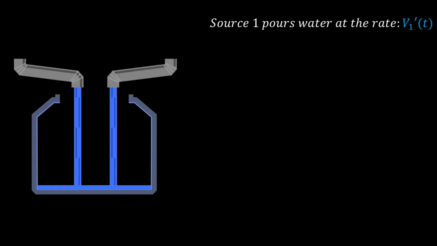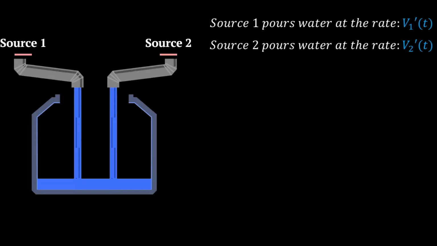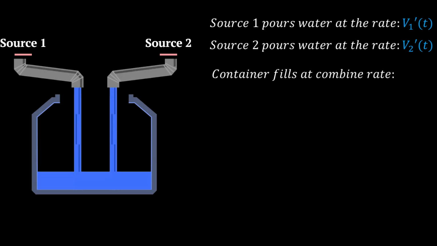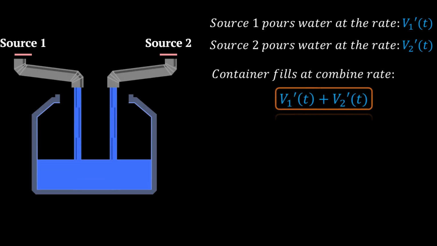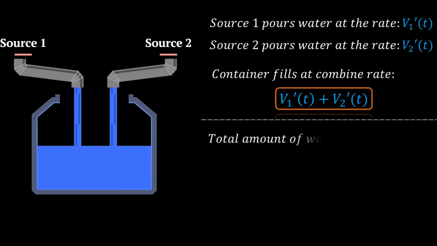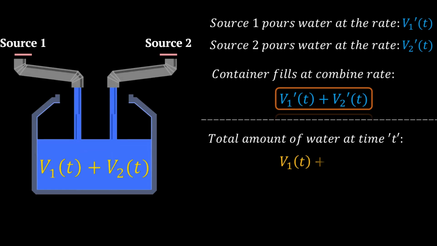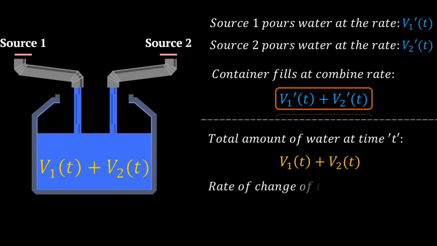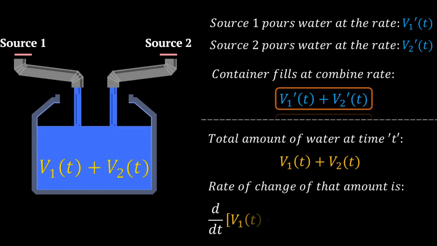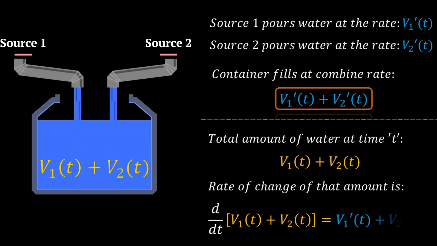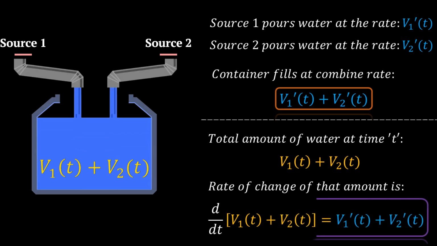Now, if someone asked, how fast is the container filling at any given time t? The answer should be the combined rate of both the sources. So, if the total amount of water in the container at time t is V1 plus V2, then the rate of change of that amount would be V1 prime plus V2 prime.